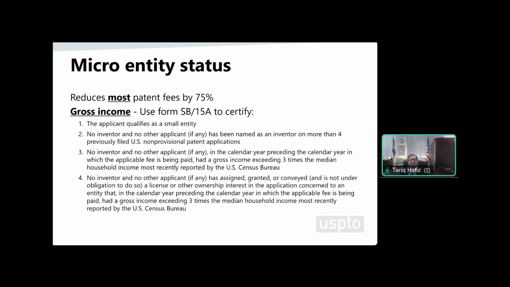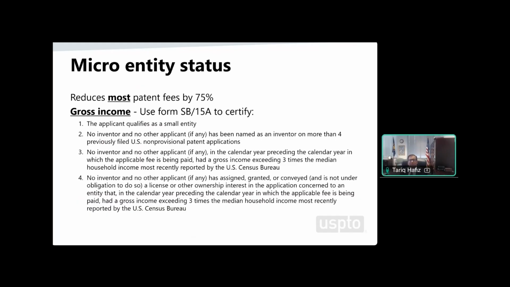So micro entity status. This status is at the lowest tier of fees. There are several requirements to meet for this. First, there's a particular form for you to use. It's called SB 15A to certify the applicant meets the requirements. Second, there's a limit on how many previous applications the applicant/assignee or the inventors have been on.